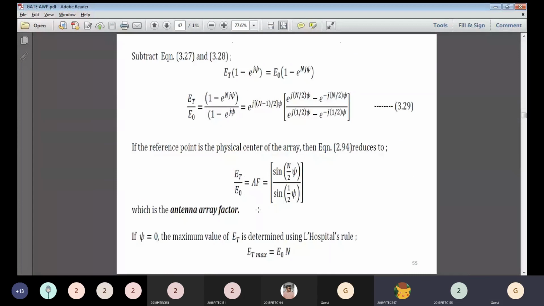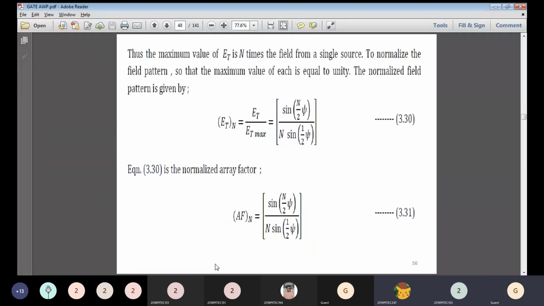Array factor is equal to sine n by 2 psi by sine 1 by 2 psi. Keep it in mind, because based upon this they will ask problems in the antenna array concept. Antenna array factor AF is equal to sine n by 2 psi by sine 1 by 2 psi, or simply ET max equals E naught into n. Finally, you get the normalized array factor.